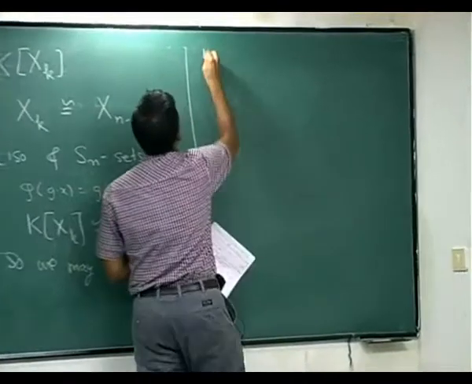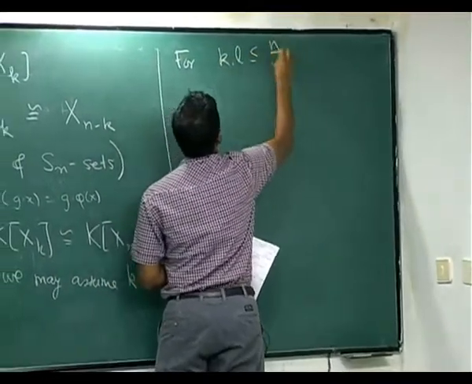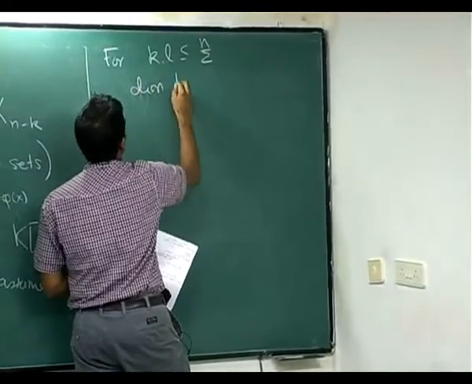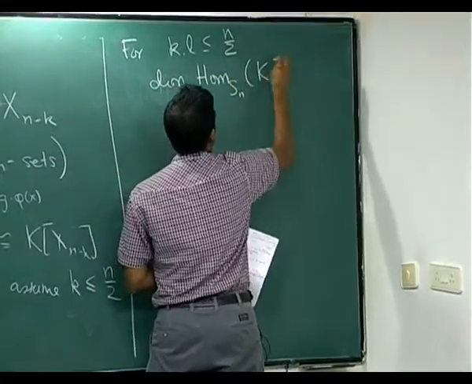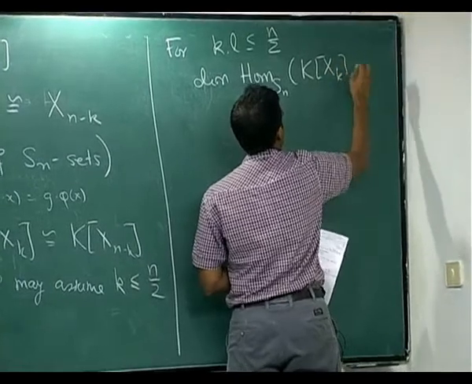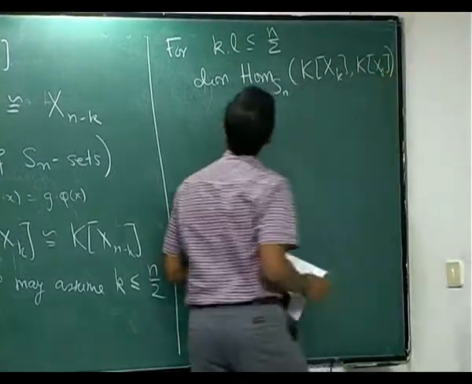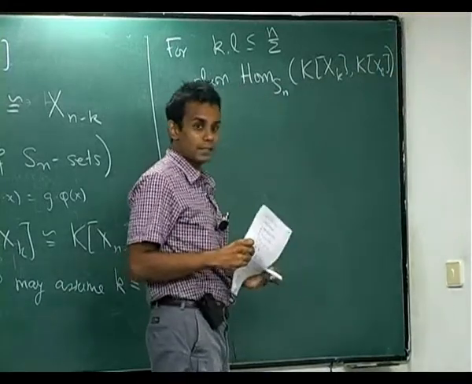So for k, L less than or equal to n by 2, let me write down a table showing the dimension of the homomorphisms. So this will just be minimum of k comma L plus 1.